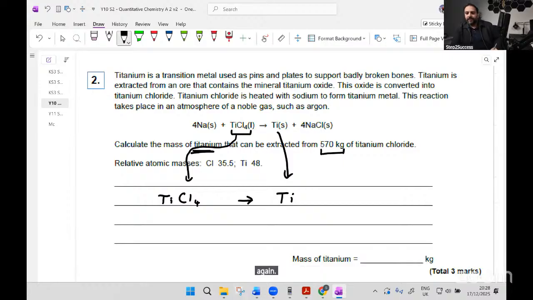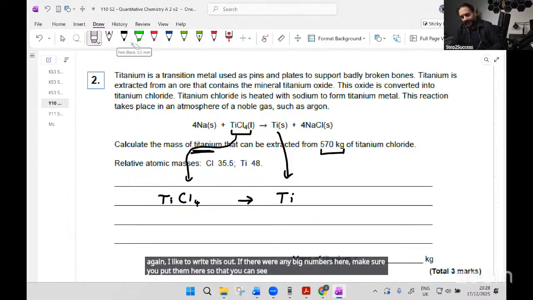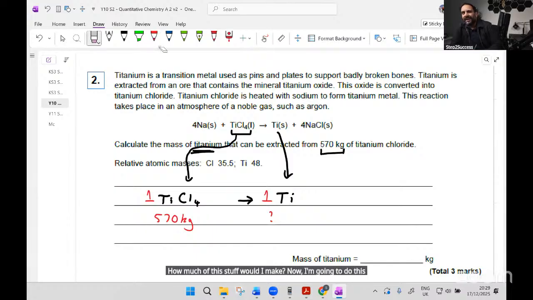Again, I like to write this out. If there were any big numbers here, make sure you put them here so that you can see the ratio. This is a 1-to-1 ratio because there's one of those and one of those, which makes life a little bit easier. But the question is, if I had 570 kilograms of this stuff, how much of this stuff would I make? Now, I'm going to do this, even though you don't have to do this for this question.